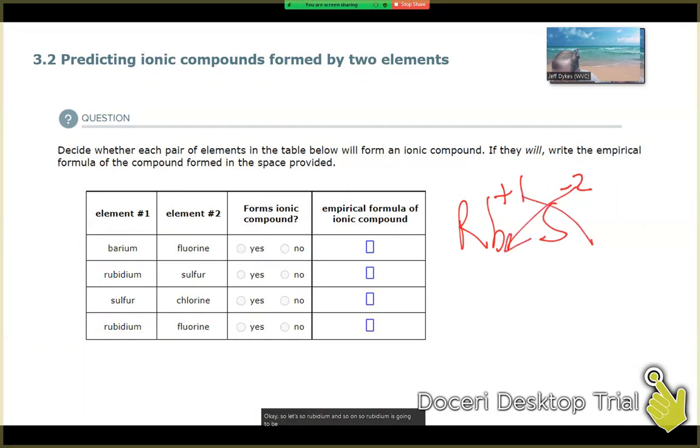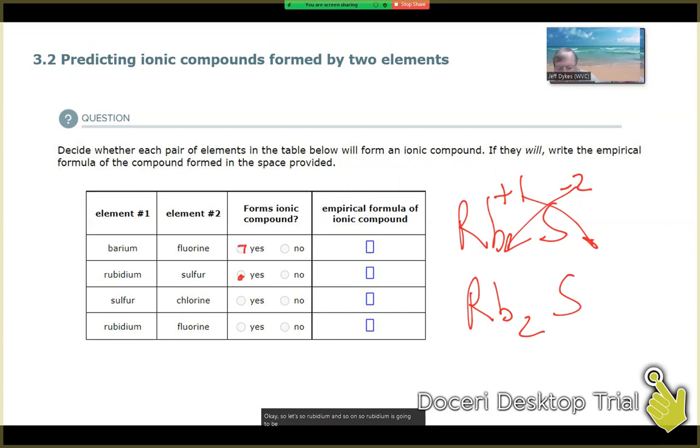Do the crisscross, and so that's Rb2S. So that's rubidium sulfide. And so that is an ionic compound, and so yes.